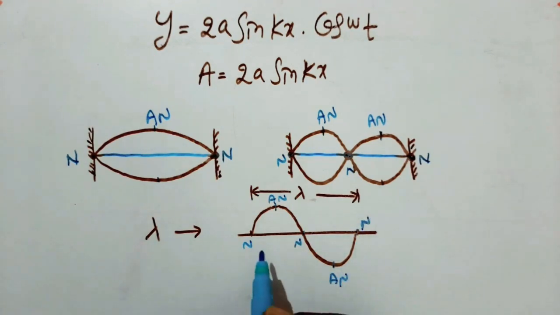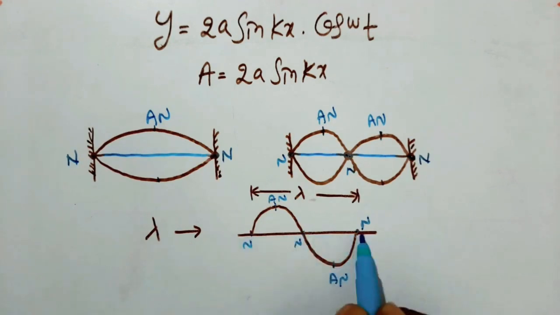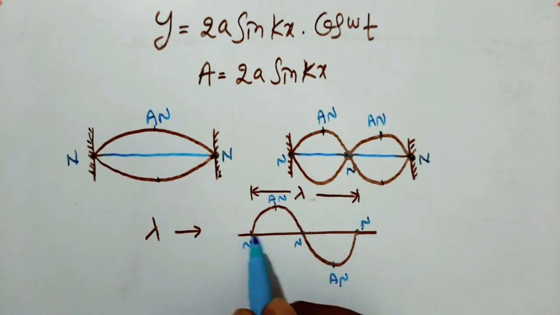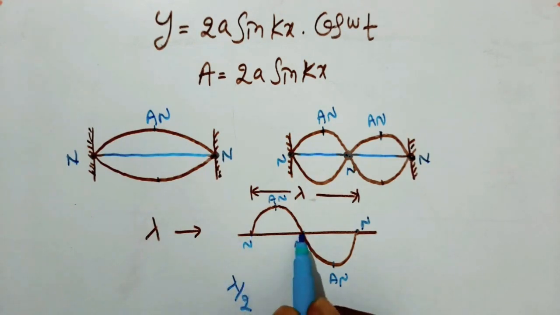So what is the distance between two successive nodes, from here to here? Here to here it is lambda, here to here it is lambda by 2. So the distance between two successive nodes or antinodes is lambda by 2.